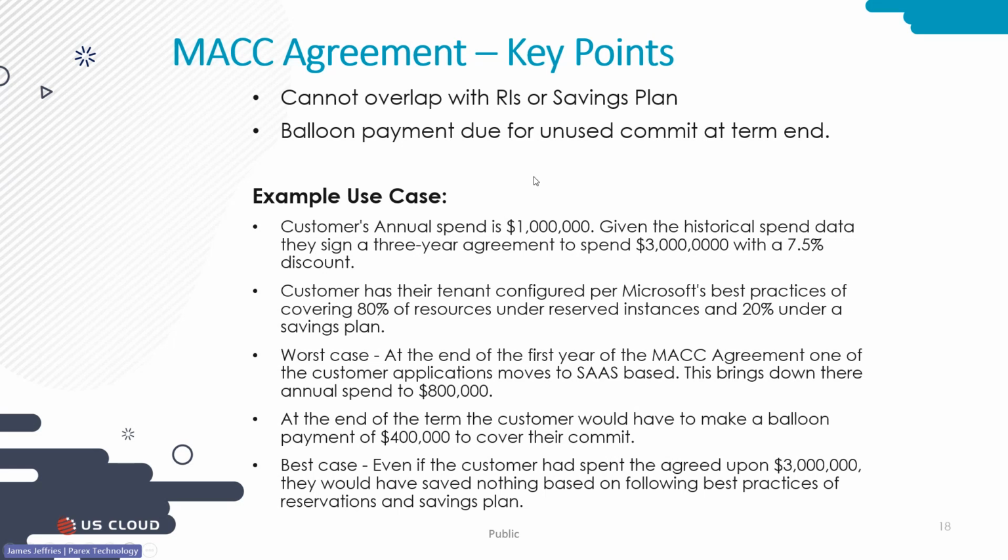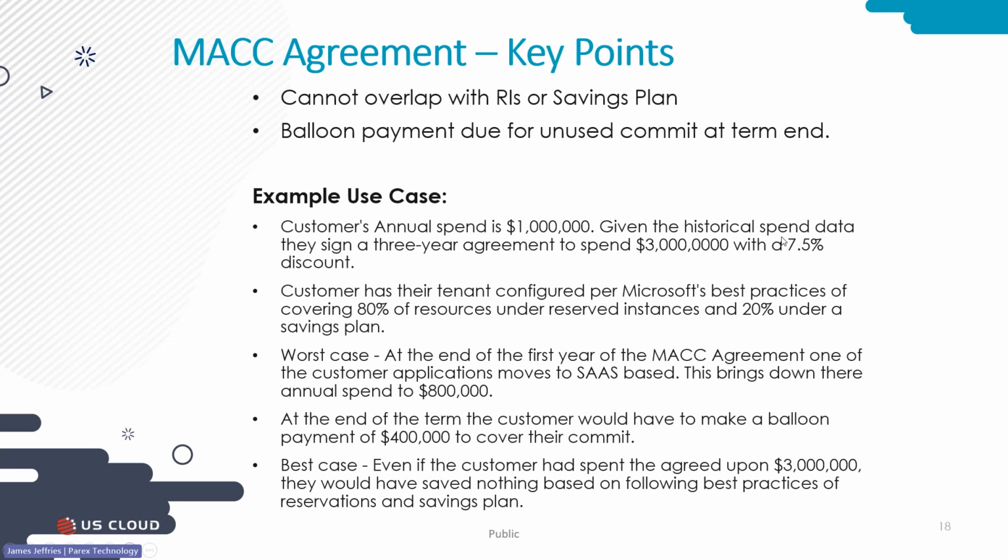So in this scenario, let's assume customer's annual spend's $1 million for even numbers. Microsoft approaches them, presents a MACC agreement for $3 million over a 3-year term, and they're going to give them a 7.5% discount on their spend outside of our Azure savings plan. So bullet point 2 is really the most important thing to understand with this.